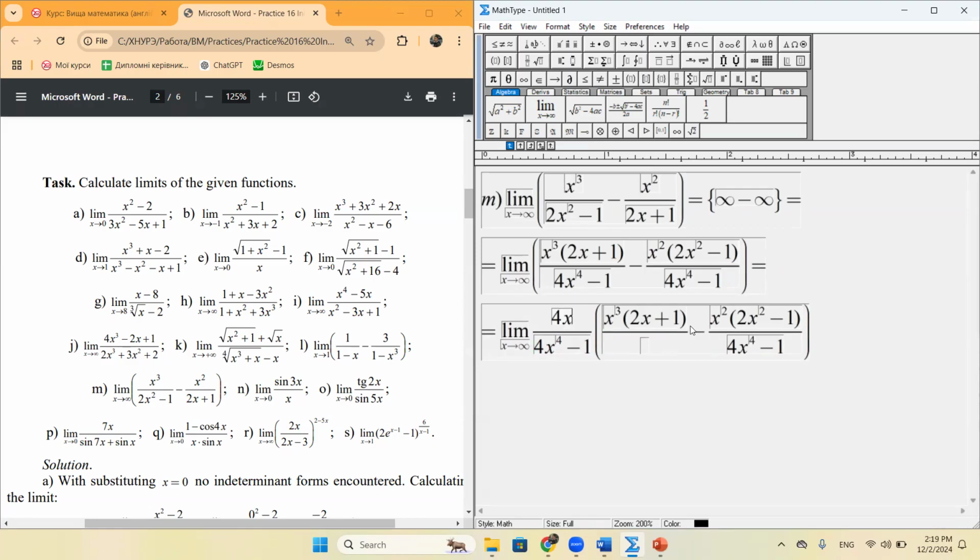So let's expand the brackets. So 4x in power of, oh, no, not 4. 2x in power 4 plus x in power 3, then minus 2x in power 4 plus x in power of 2.